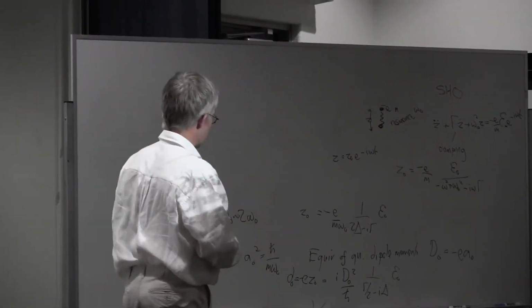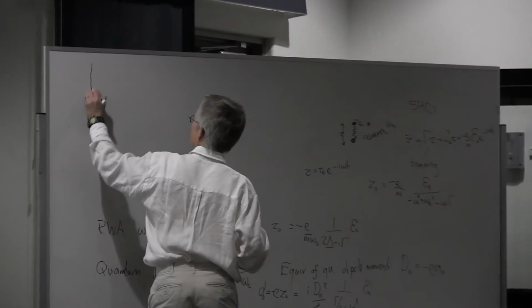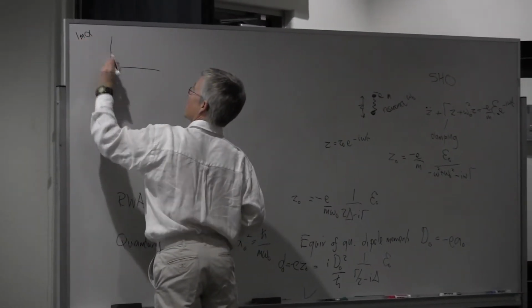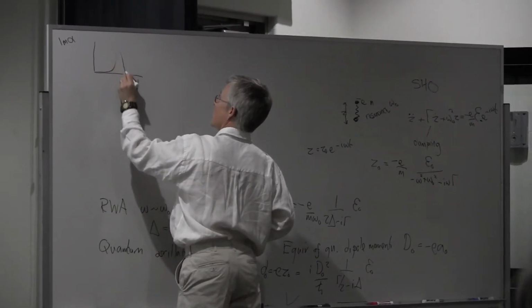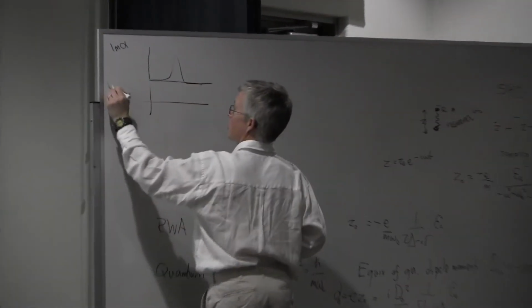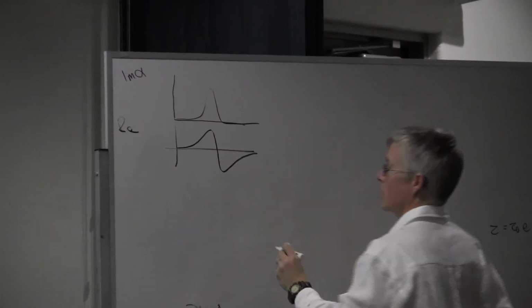So now this expression is interesting because it gives us all these good bits of the atom-light interaction that we like. The imaginary part of alpha is a Lorentzian resonance. The real part is a dispersive line shape.